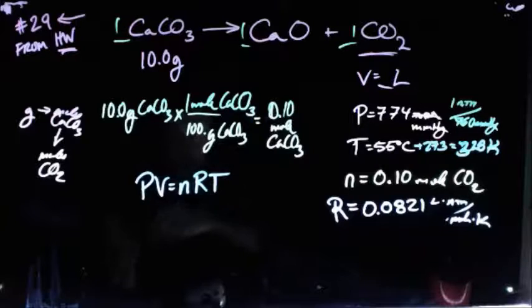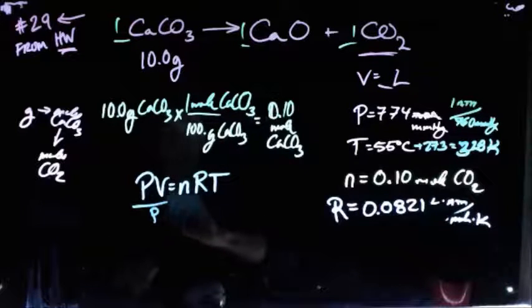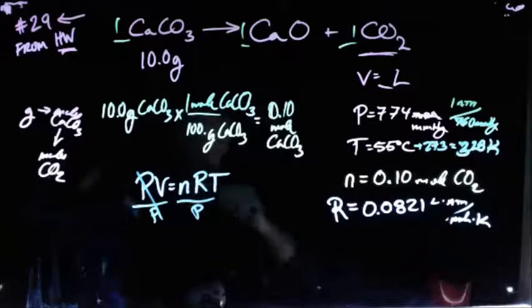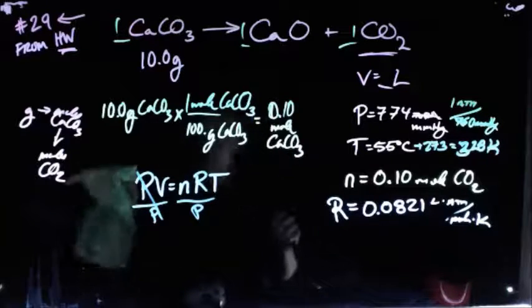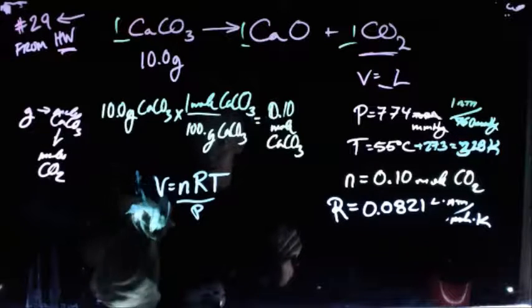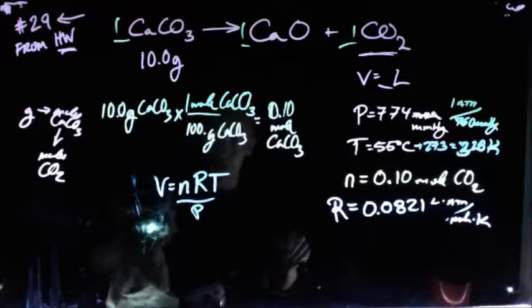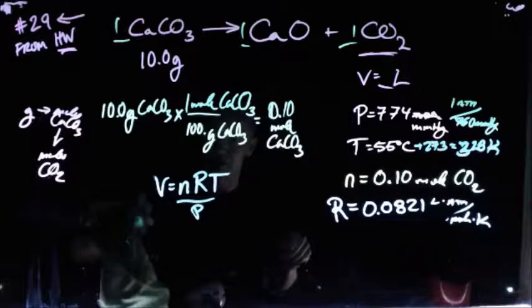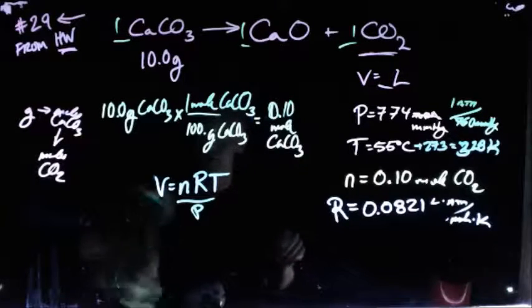So if we rearrange this, I'll divide P over to this side. And so we end up with volume equals moles times R times temperature in kelvins divided by the pressure in atmospheres.